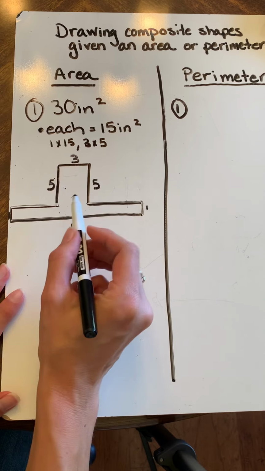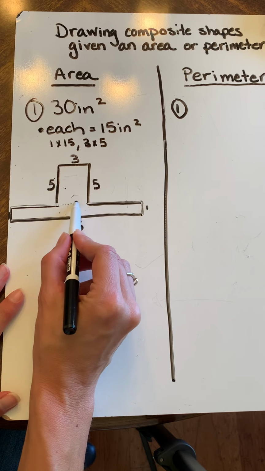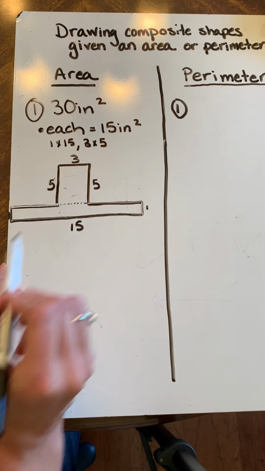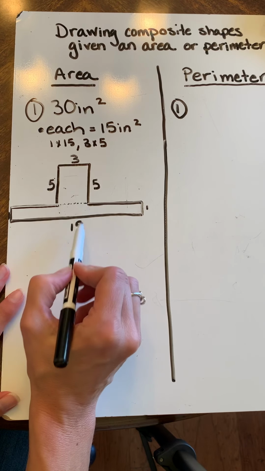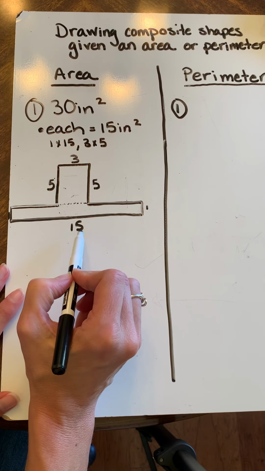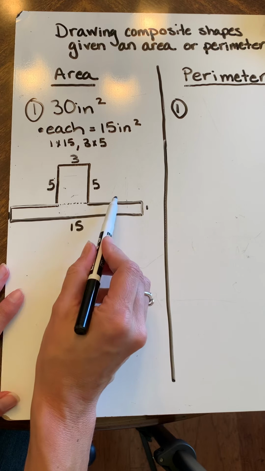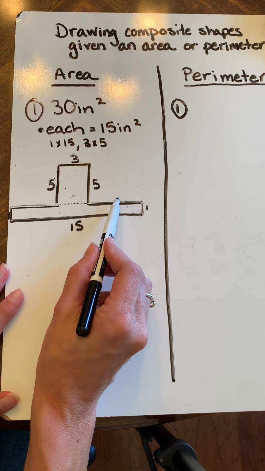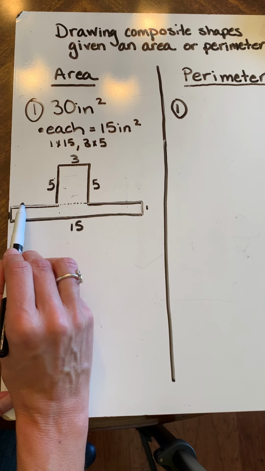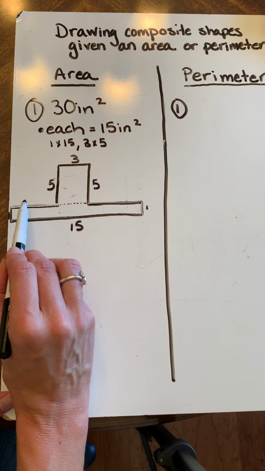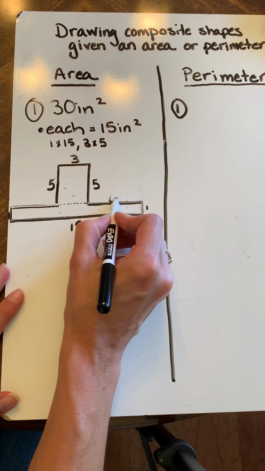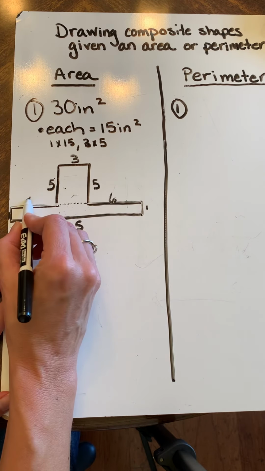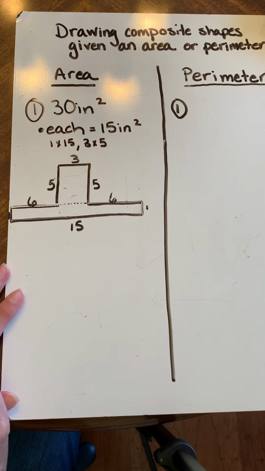I know up here I have 3. So if I take that 3 away from my 15, that leaves me 12. I have 12 inches left to put both to the right of my top hat and the left of my top hat. So I'm going to split that 12 into 6 and 6.